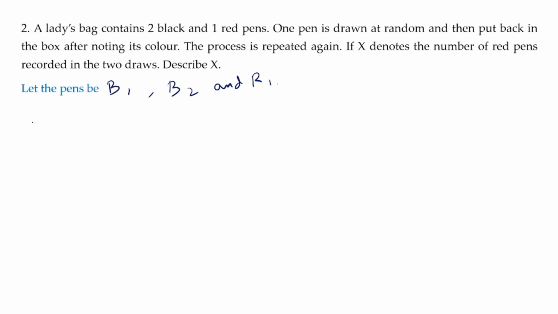Now let us write the sample space. The experiment is that one pen is drawn and then it is put back in the box after noting its color, and the process is repeated again.